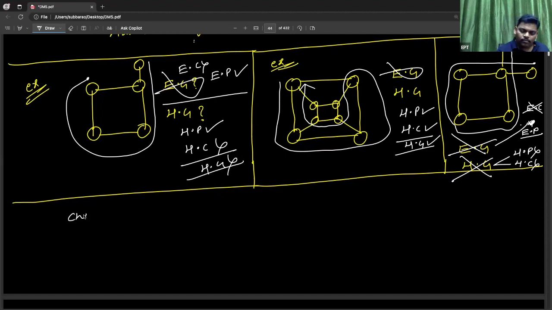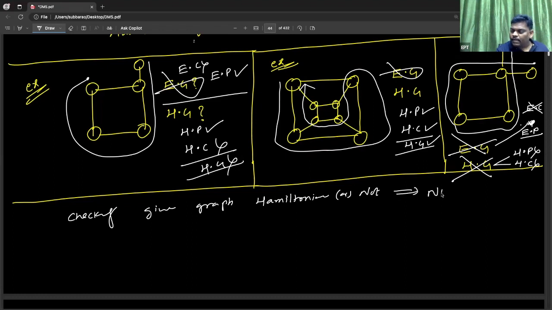Checking, given a graph, Hamiltonian or not, is an NPC problem.